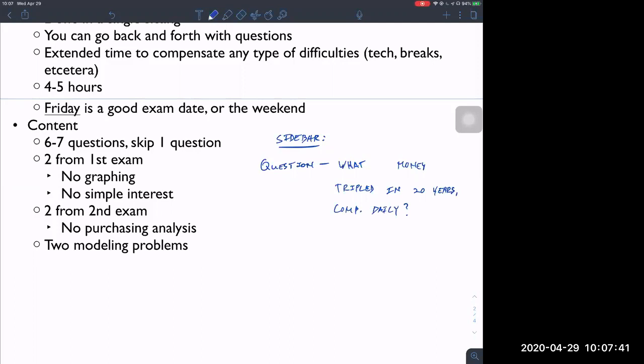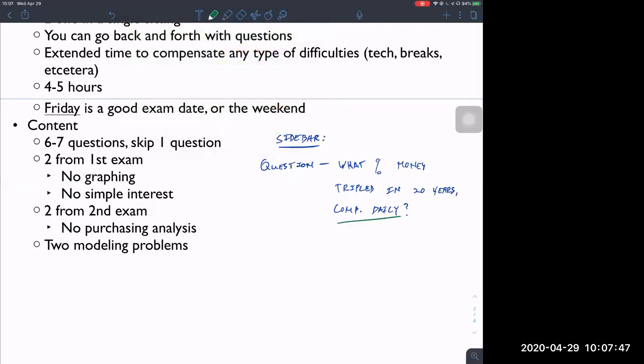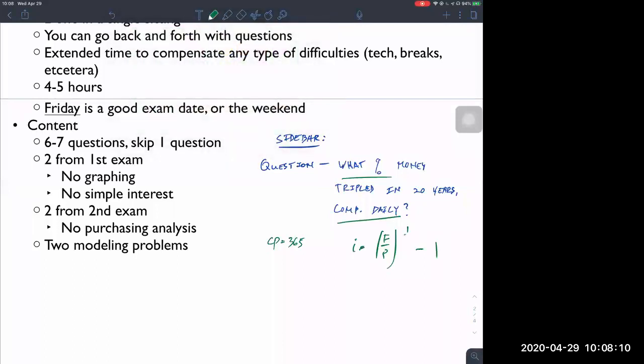And then you realize that it's compound daily. You're looking for what percent. So you know that the compound is 365. Since it's what percent, you're using this formula, with the exponent 1 over n.